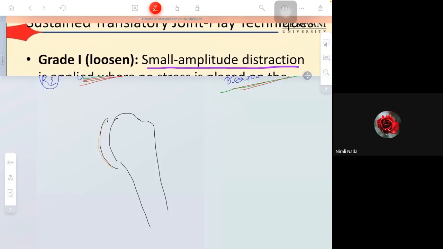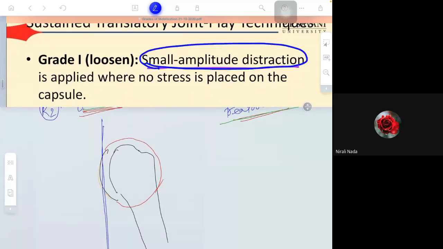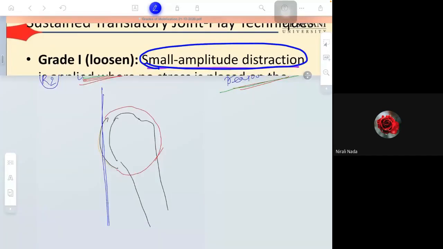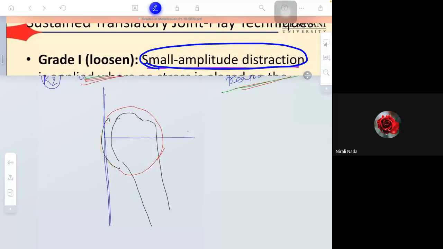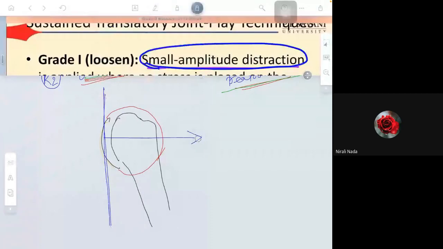Now this is the treatment plane, and what does the definition say? Small amplitude distraction. Already I have told you distraction should be applied in this direction, because it is perpendicular to the treatment plane. And this distraction should be small amplitude. What is small amplitude? You will give a small distraction.